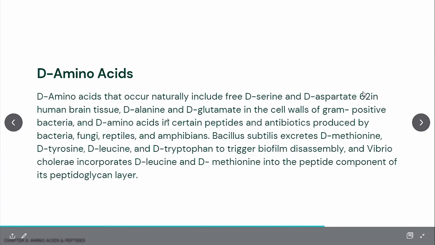These amino acids are found in antibiotics produced by bacteria, fungi.